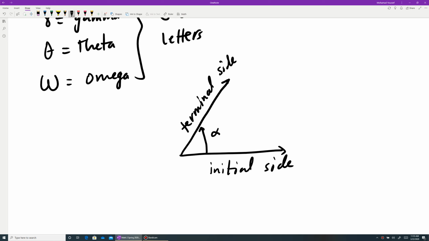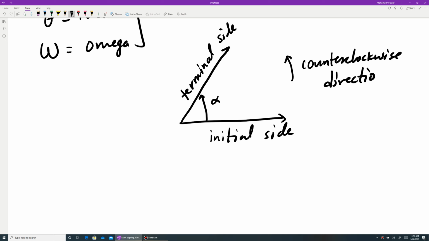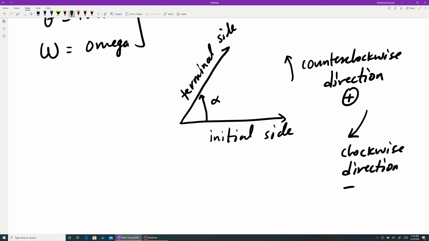The direction I drew the angle is called counterclockwise, which is always going to be the positive direction. If we go the other direction, that's the clockwise direction, and that's going to be the negative one.